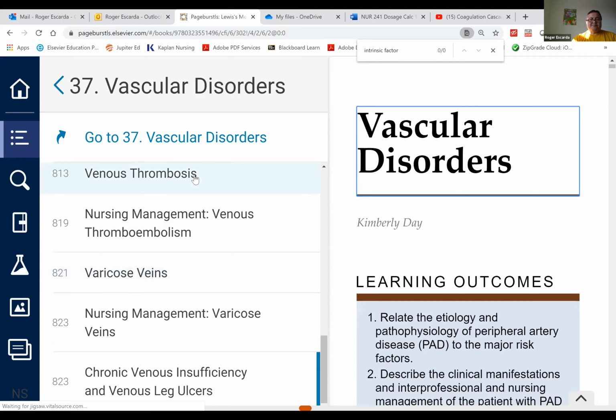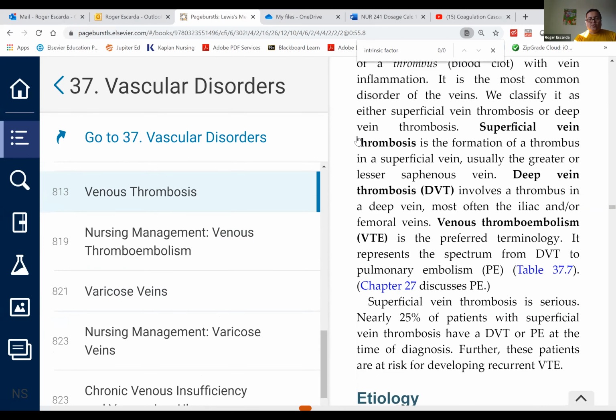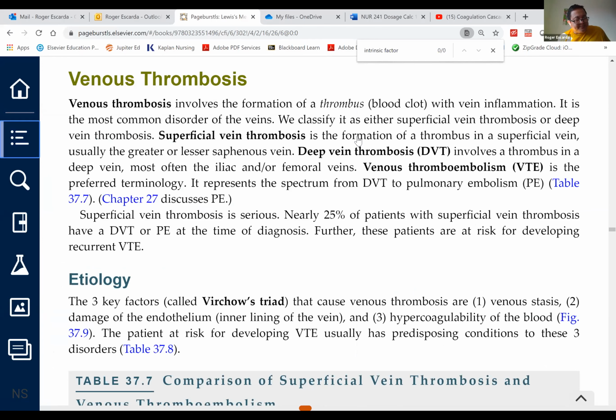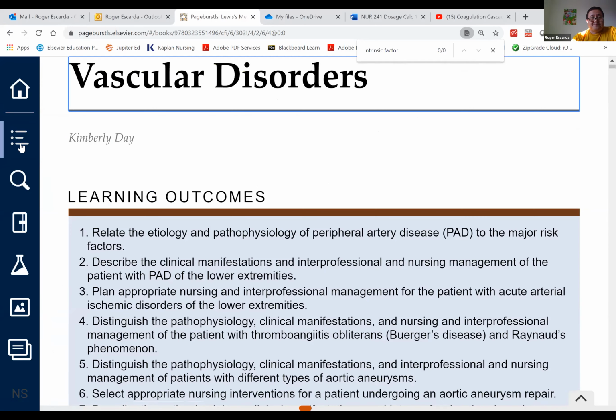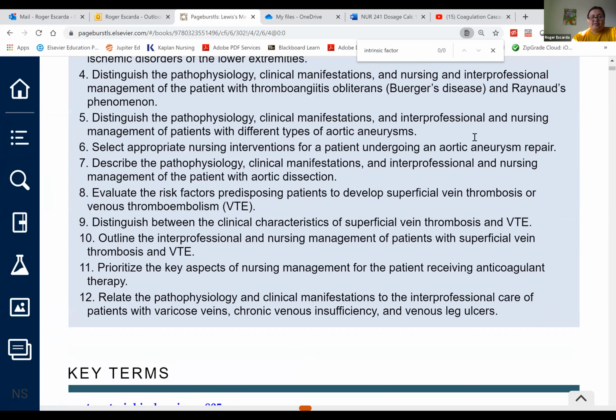Okay, blood clots. Who do you screen for the risk for DVT development? Your immobile patients. Okay, that's one.